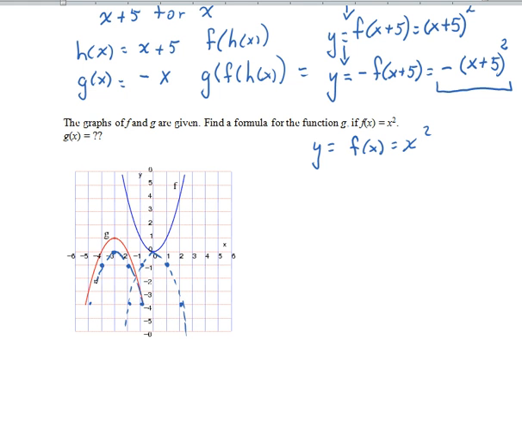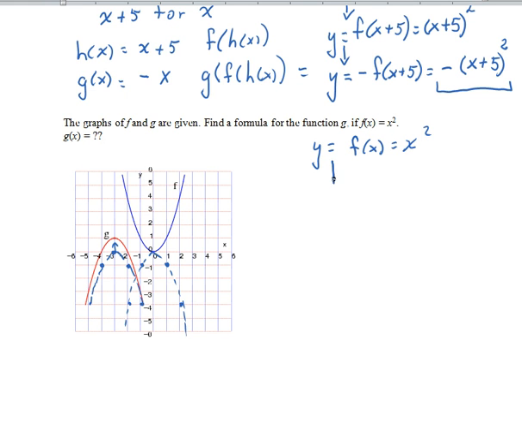That would be our second transformation. Then we could move up 1, and we would have the final function. So let's see if we can find the equations of the two intermediate functions as well as the final.